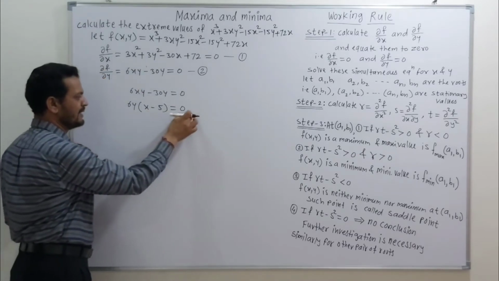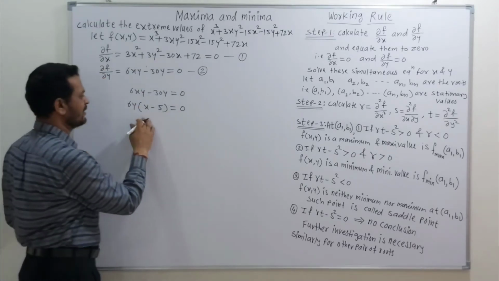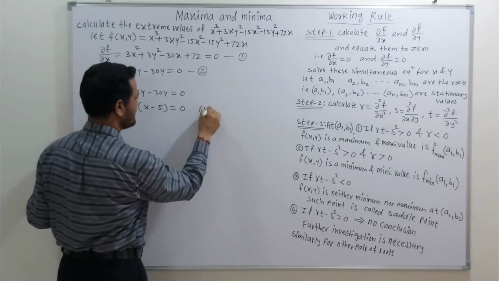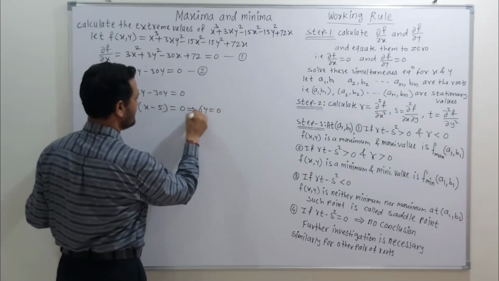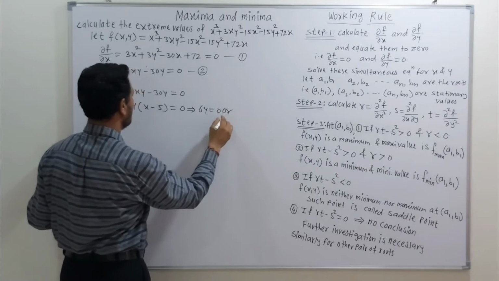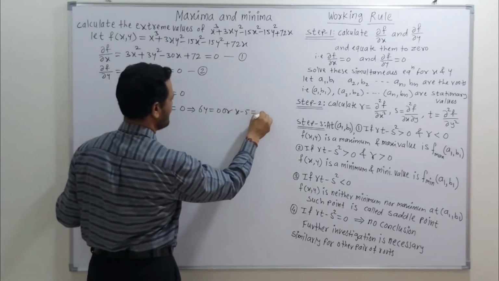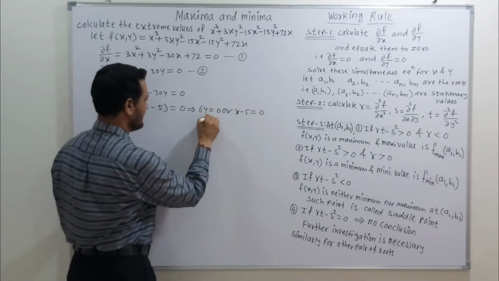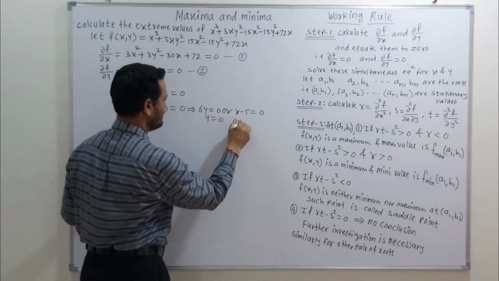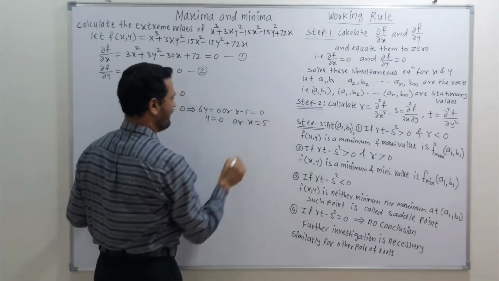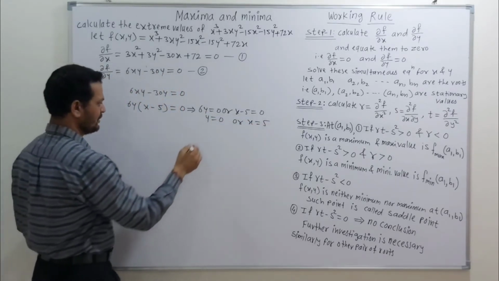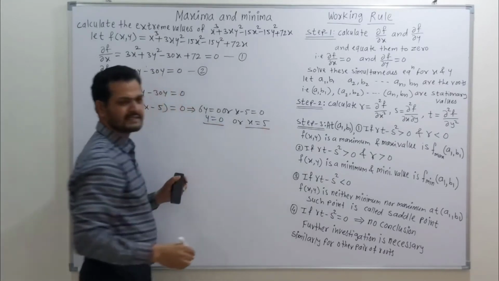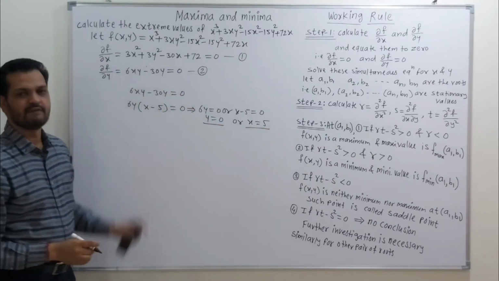So product of two numbers is 0. This indicates that either one of them is 0. So that means 6y is equal to 0, or we may say that x minus 5 is equal to 0. So this indicates that the value of y is 0 or value of x is 5. So these are the values of x and y when we solve equation number 2.